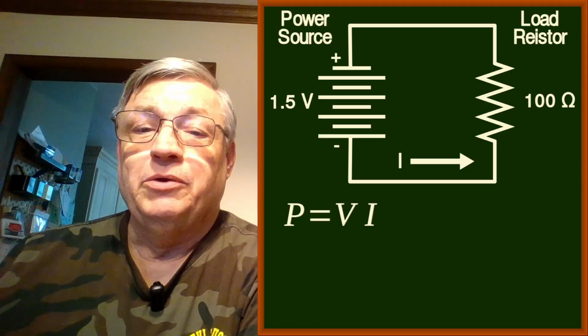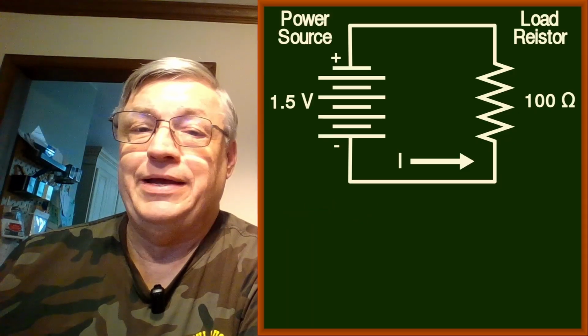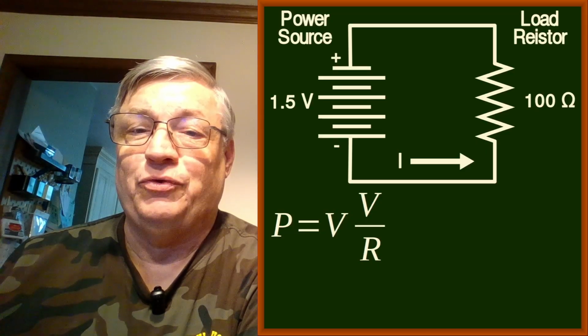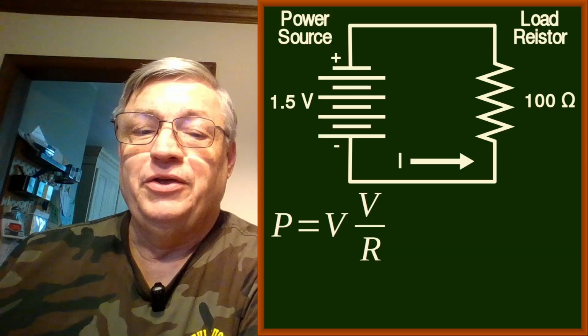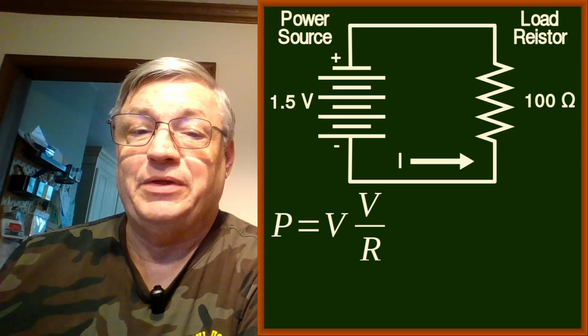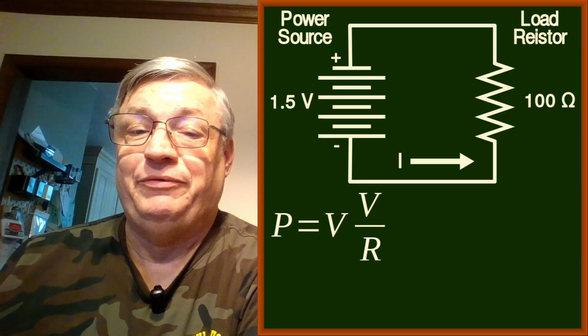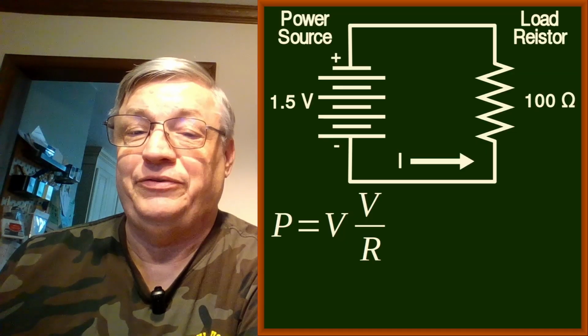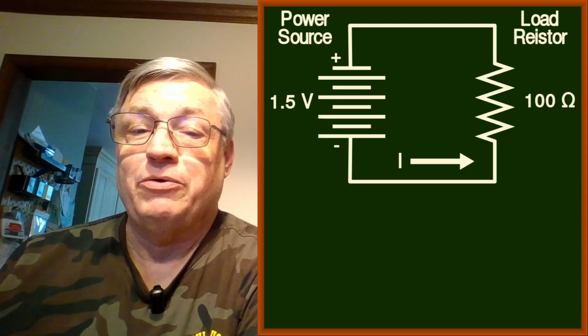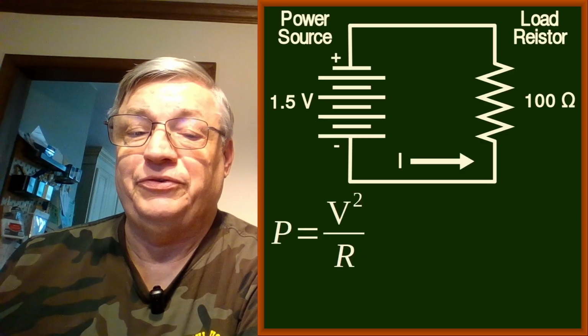So we're going to assume we haven't calculated current yet, but we do have voltage and resistance. And from the previous example, we know that the current I equals voltage over resistance. So we can substitute within the formula for I. And we get power equals voltage times voltage over resistance, as we substituted that for I. Simplifying, power equals voltage squared over resistance.